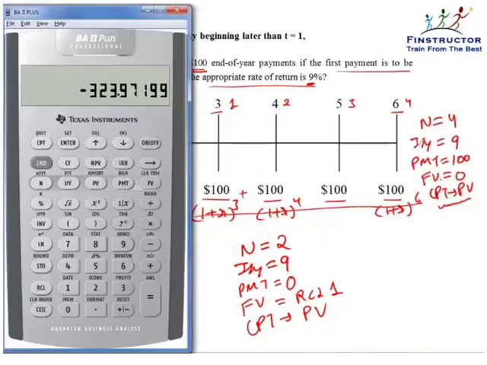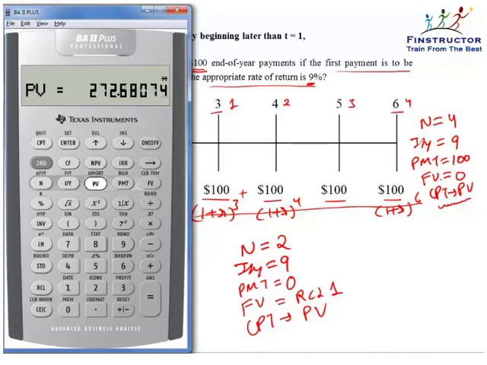So let's do it. Press the button 2 and press N. Press 9 and press I by Y. Press 0 and press PMT. First, recall 1. You'll get back your stored value of 323.97. And then press FV.